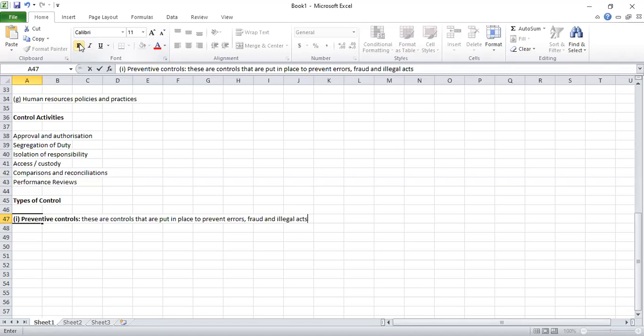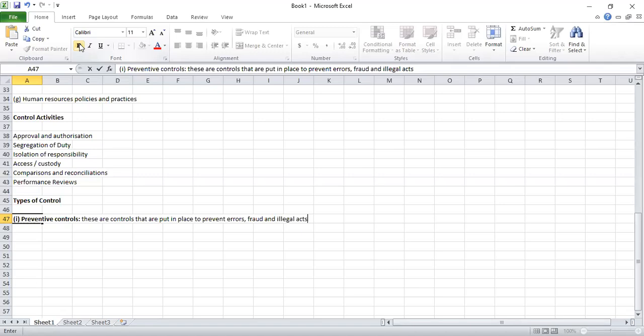So we can put controls to prevent that. For example, segregation of duty is one of the controls that are put in place to try and prevent that act from happening. We can even put things like authorization.